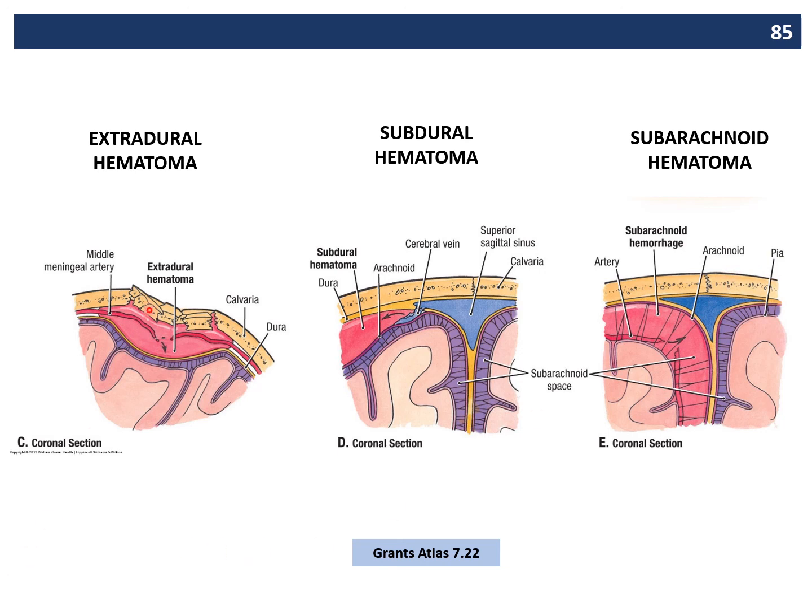I did want to remind you of the middle meningeal. Remember, we saw that when we discussed the infratemporal fossa, coming off the maxillary artery, traveling through the foramen spinosum, and then moving between the calvaria and the dura to supply the dura.